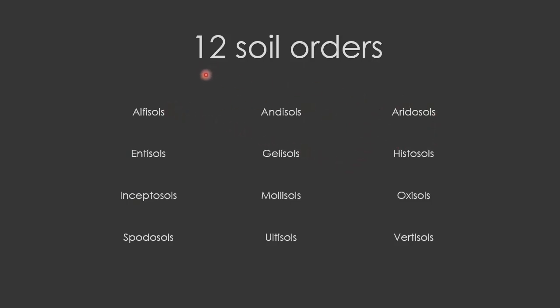So again, because of the different factors that create soil in different environments, especially with different locations, different topography, and different climates, our world also creates different classifications of soil, different structures. So that's why we have the soil orders.